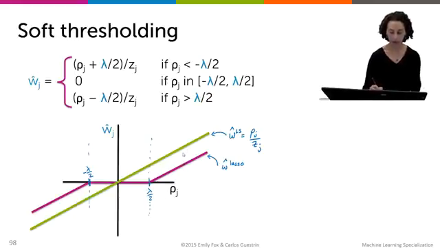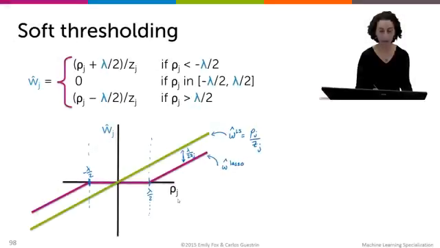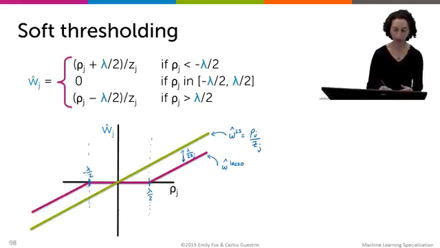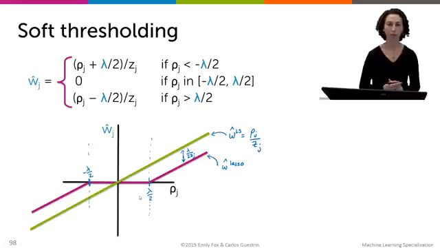And outside that range, the difference between the least squares solution and my lasso solution is that my coefficients are each shrunk by an amount lambda over 2Zj. Okay, but remember that rho j here, as compared to when we talked about normalized features, was defined differently. It was defined in terms of our unnormalized features. So for the same value of lambda that you'd use with normalized features, you're getting a different relationship here, a different range where things are set to 0.